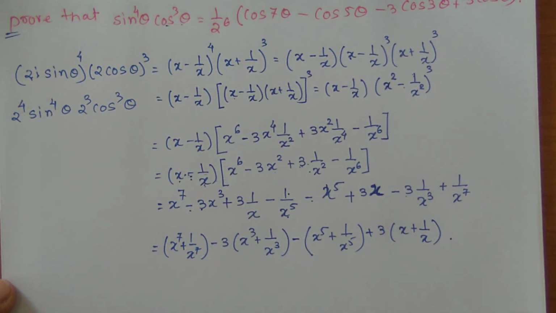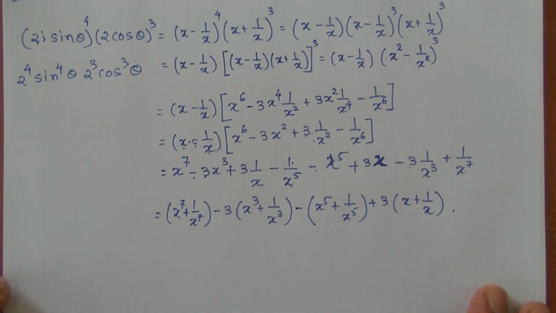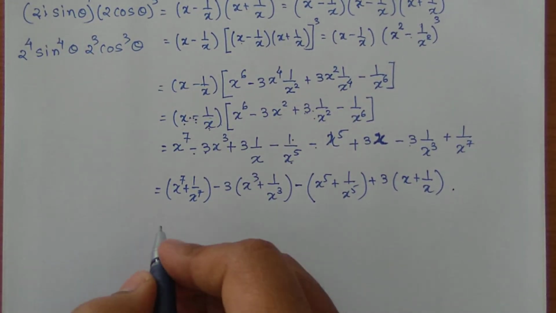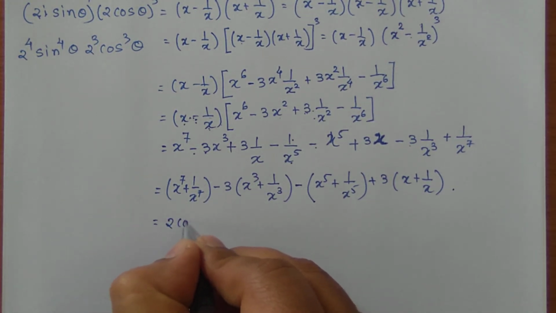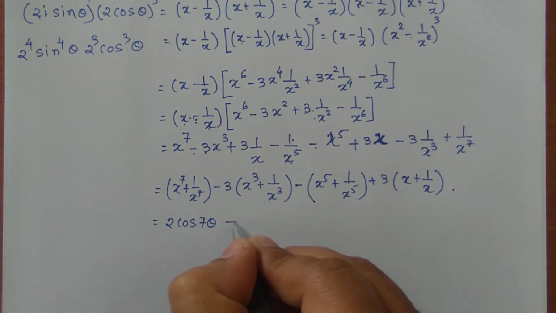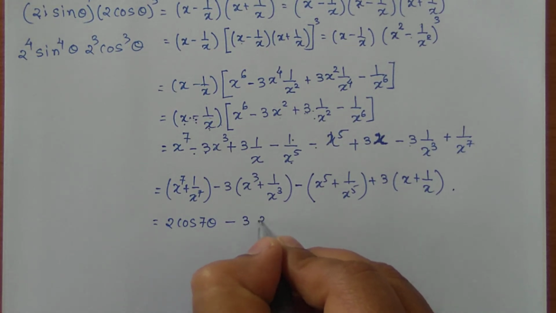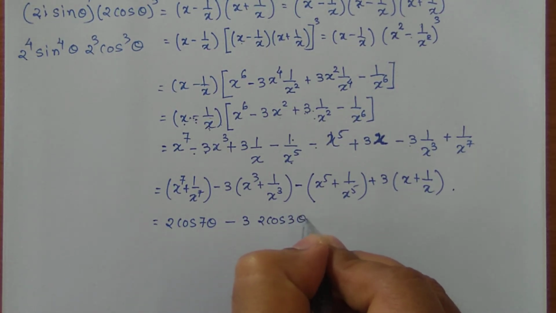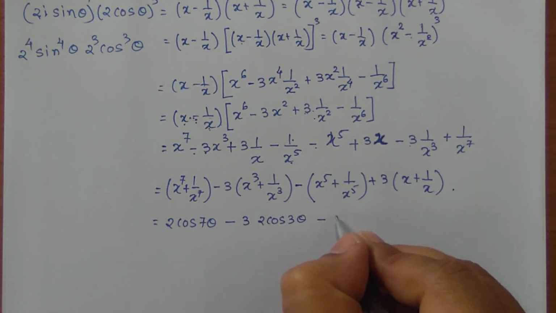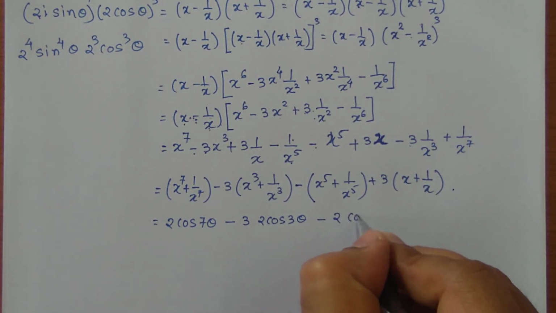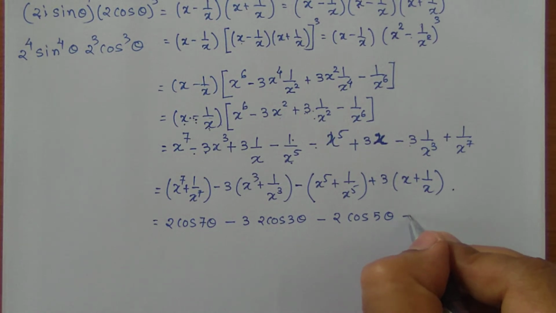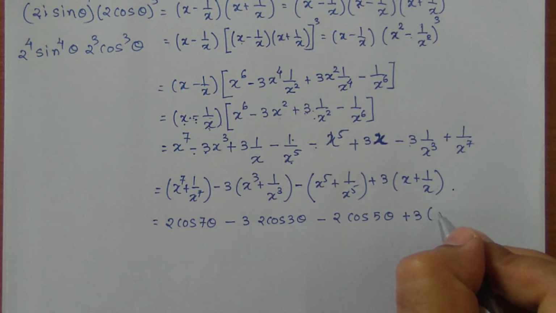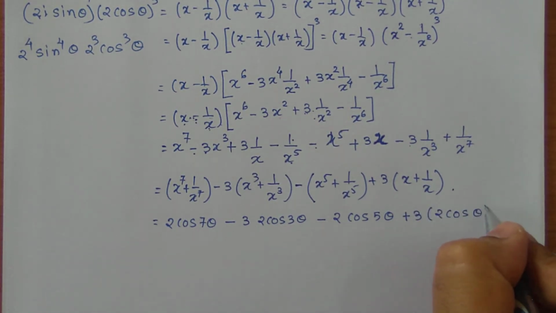Is it okay? Now, this is 2 cos 7 theta minus 3 times 2 cos 3 theta minus 2 times cos 5 theta plus 3 times 2 cos theta.